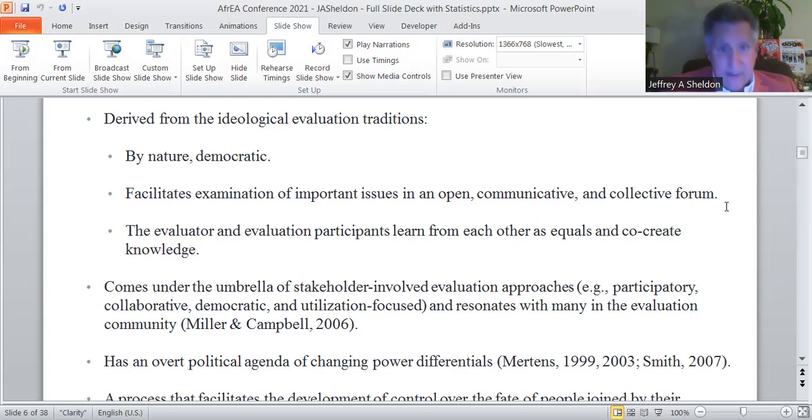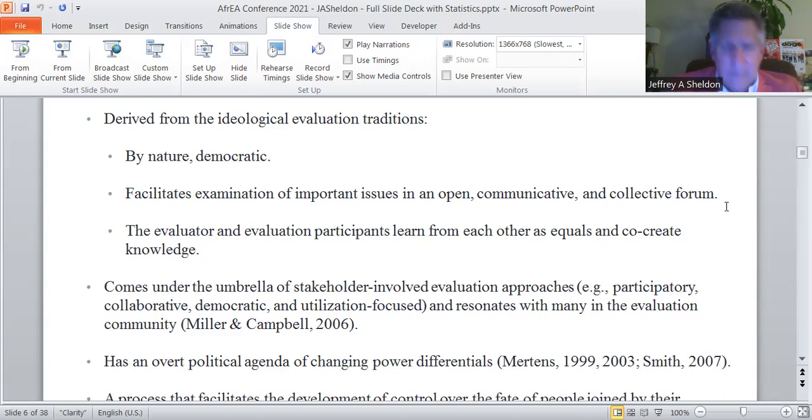It facilitates an examination of important issues, and those issues tend to be the social conditions in which the empowerment evaluation is taking place, or the intended purpose of the empowerment evaluation. Okay, the conditions that need to be changed, and this is done in a very communicative and collective forum. So again, you see that empowerment evaluation draws upon the very essence of empowerment and self-determination.